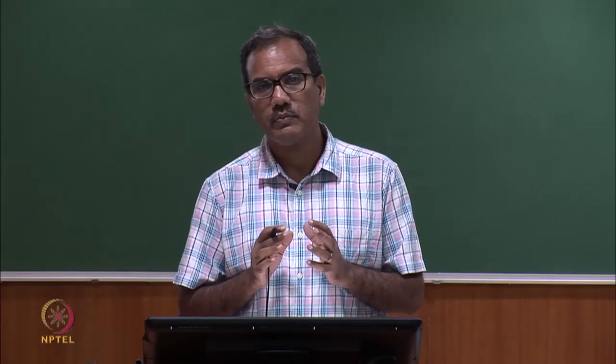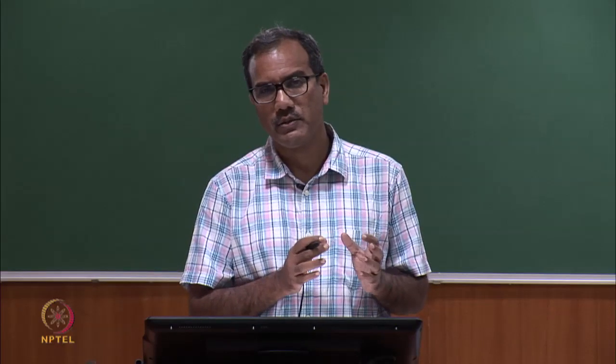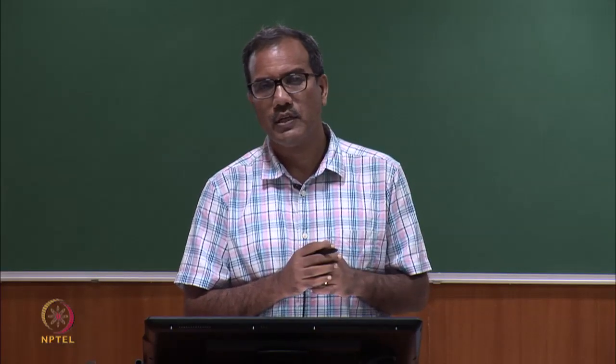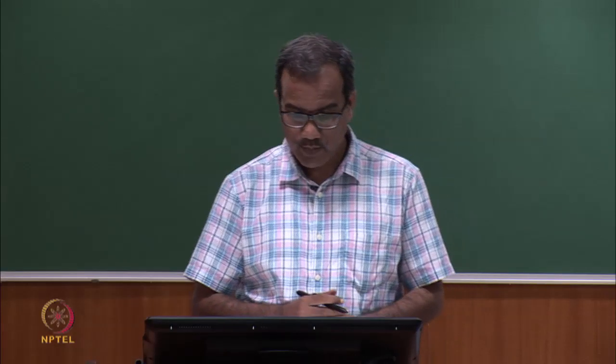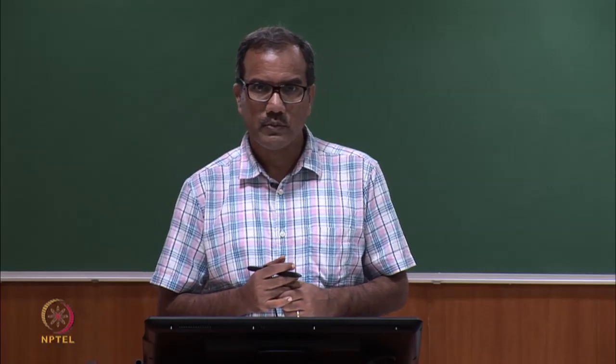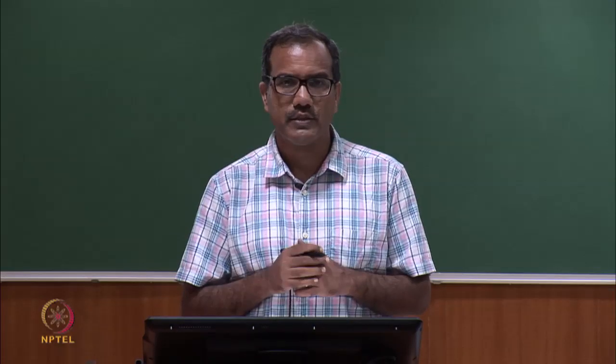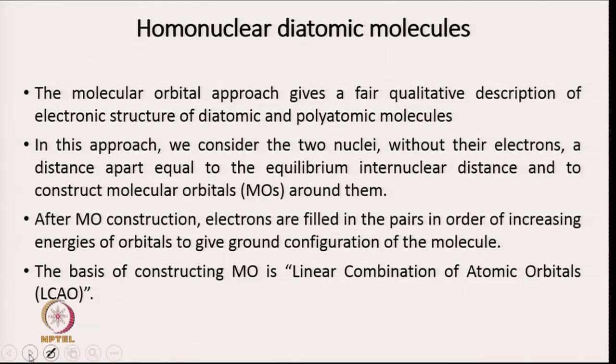So, now we are done with atoms, spectra of atoms. Now, we will move to electronic spectroscopy of diatomic molecule. To get the energy states in the homonuclear diatomic molecule, we need to understand the molecular orbital theory.